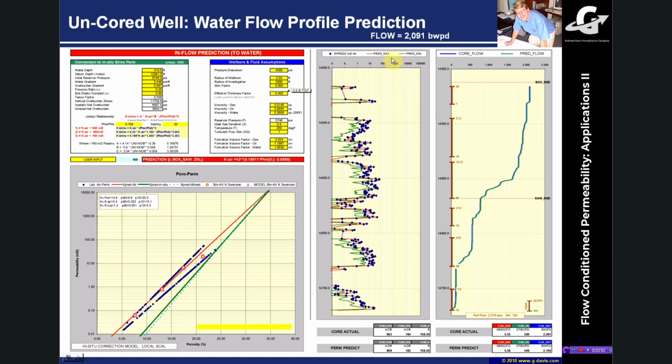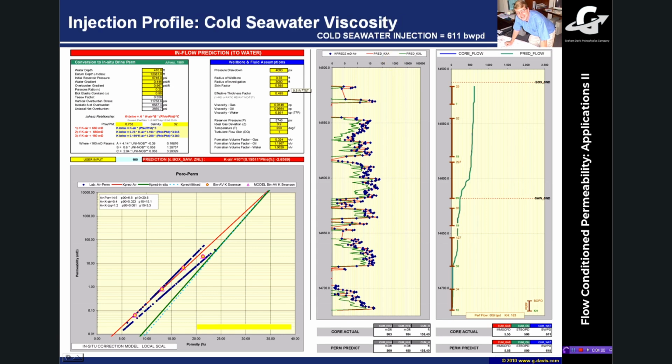So what I'm interested in doing is actually calculating an expected injection profile. With injection, we're injecting cold seawater, so the viscosity of the water is a lot higher, and in fact the pressures are a little bit higher as well, and therefore the viscosity increases, and the expected injection inflow rate is down to 600 barrels a day of water.